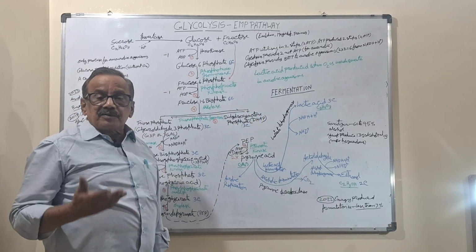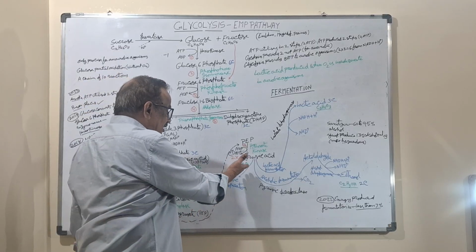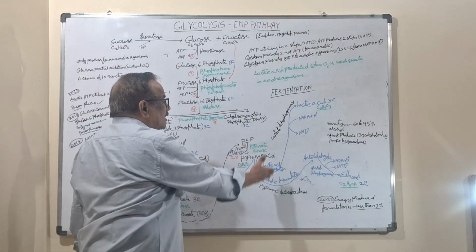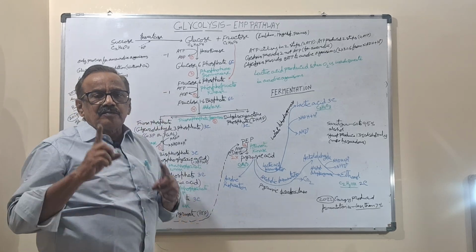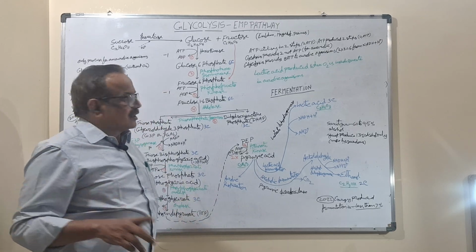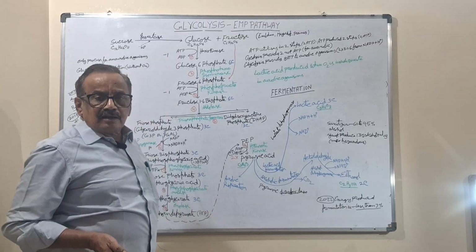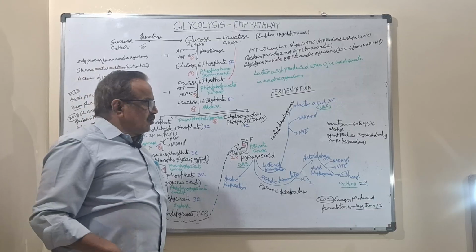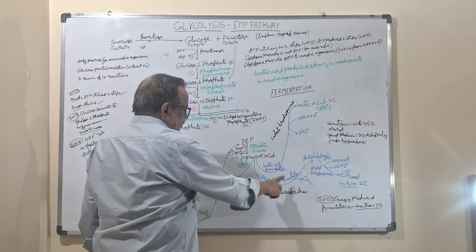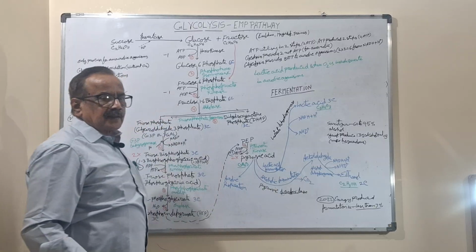If the oxygen is not there, then the pyruvic acid which contains the energy will enter into the fermentation. Without giving any energy, fermentation will take place. In the fermentation, so many types of acids used to form, but the textbook has given 2. One is alcoholic fermentation, second one is lactic acid fermentation.